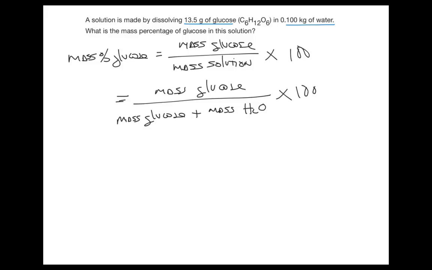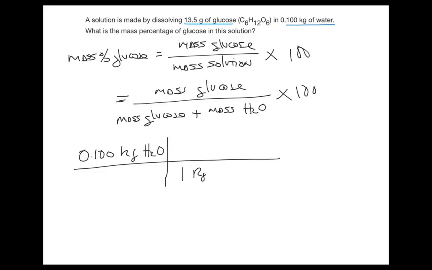So we have 0.100 kilograms of water, and there is a conversion factor that says that 1 kilogram of water is equal to 1,000 grams of water.